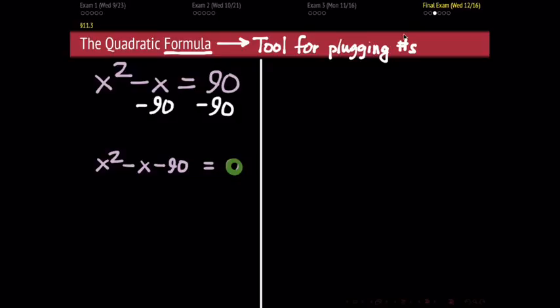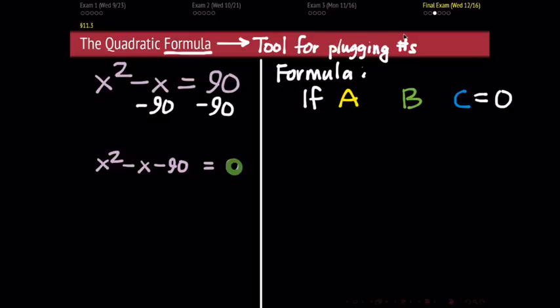The quadratic formula says that if I'm solving the equation, and let me write it out longhand here, ax squared plus bx plus c equals 0.